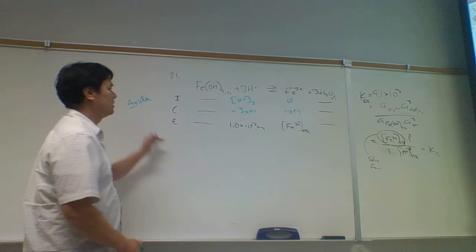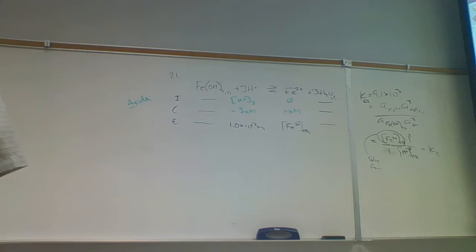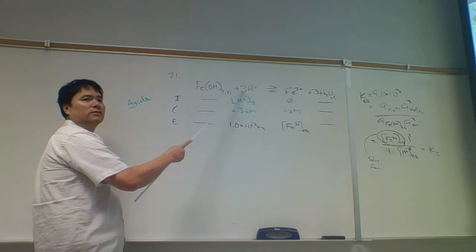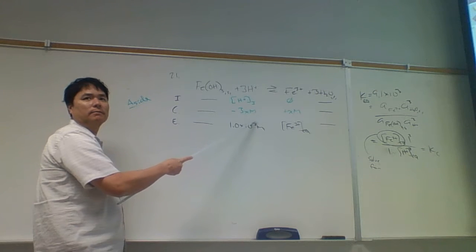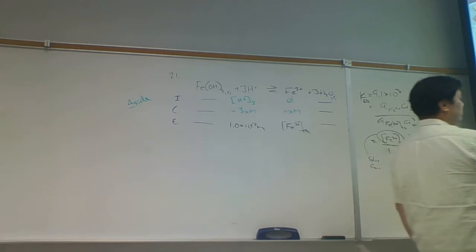This is just an aside, because when we do a bunch of these calculations, it's a common thing for them to ask us to go backwards to figure out what we must have started with from where we end up. In this case, we are already at equilibrium, so it's just a simple calculation.